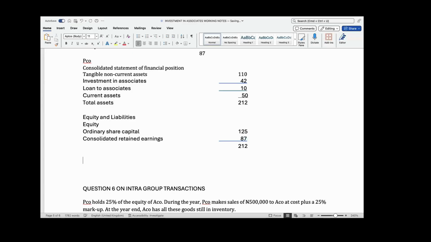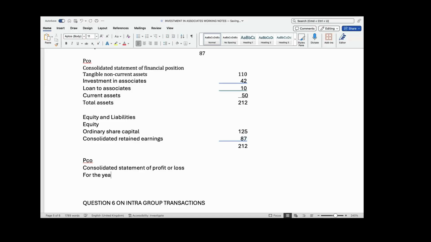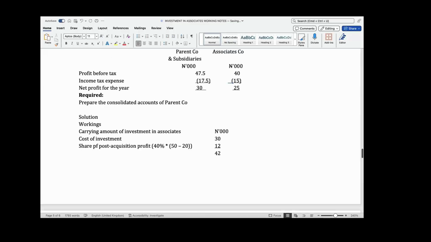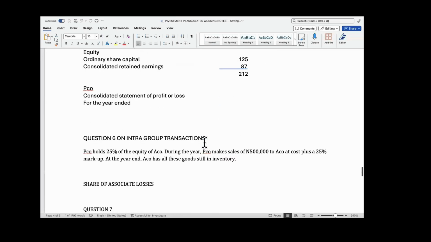Then the consolidated statement of profit or loss for the year ended the relevant dates. They give us PBT, profit before tax. We're only taking 47.5.